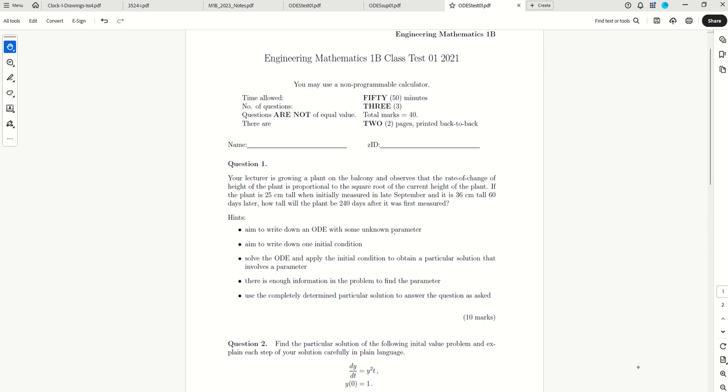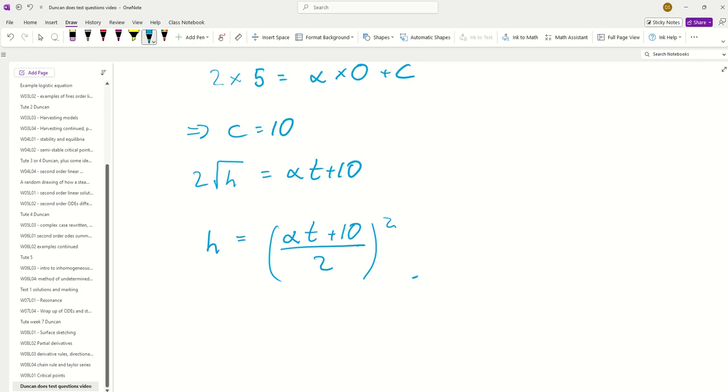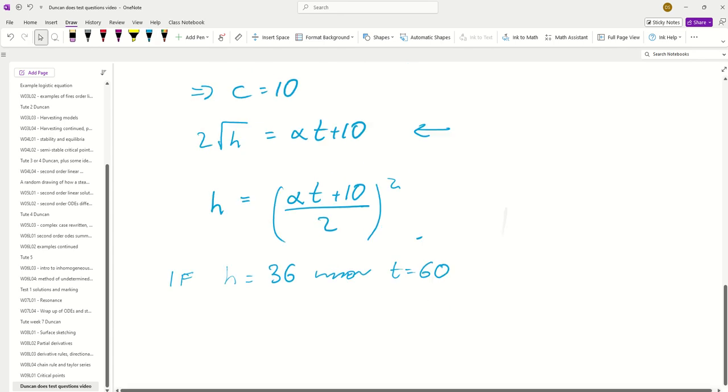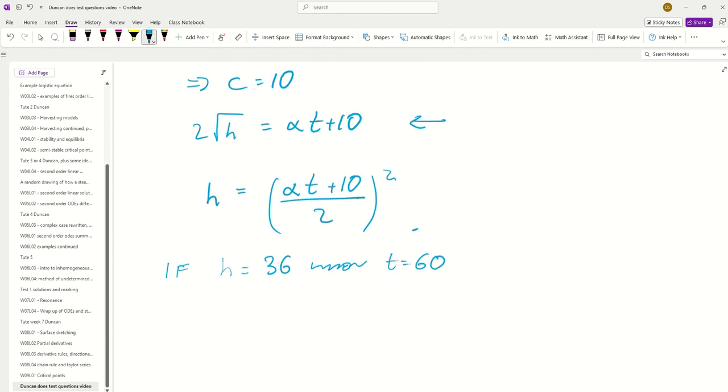So we've got 36 centimeters tall at t equals 60. So if h equals 36 when t equals 60, let's go back to this form of the equation here because that has the alpha already identified. It's a lot easier to rearrange.